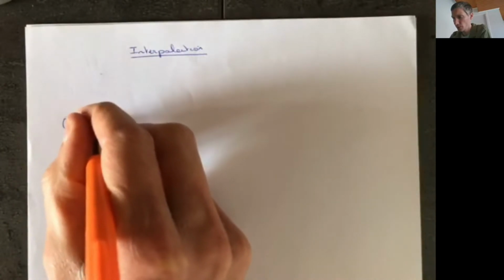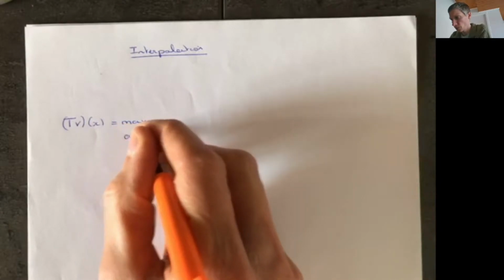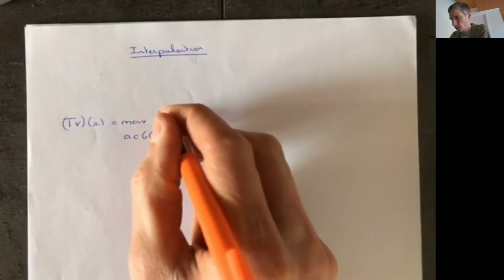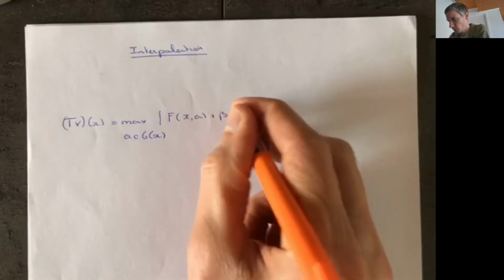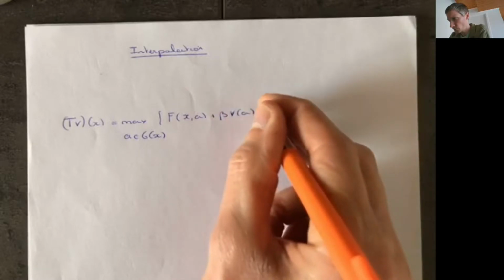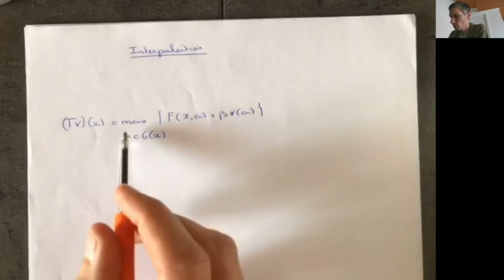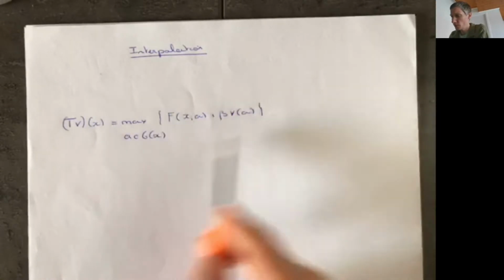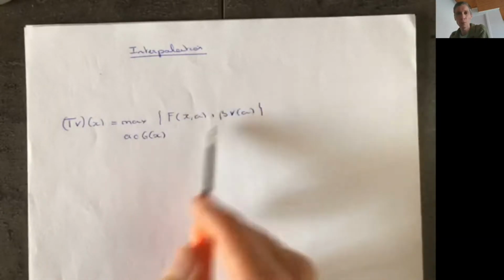So, if you remember, our problem was the following Bellman operator, TV of a state x equal to the maximum over a in G of x of our instantaneous payoff function f(x, a) plus beta V(a). And here I take the case where the law of motion is simply the identity. So if you want to implement this, then basically we have to solve this maximization problem over and over and over again.